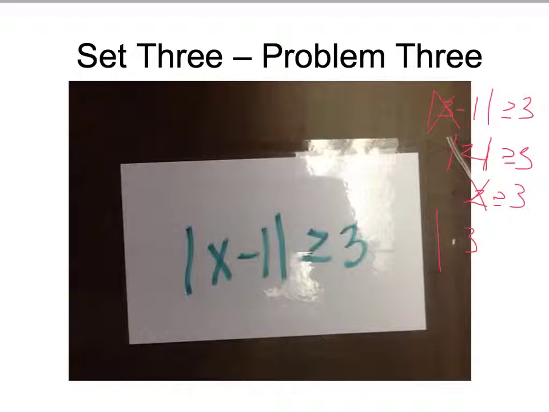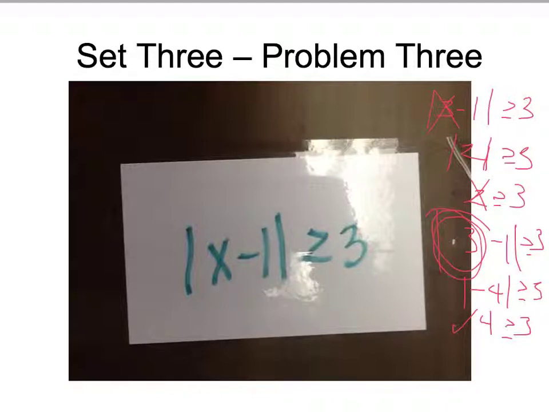3 is not one of my solutions. Is -3 minus 1 greater than or equal to 3? -3 minus 1 is -4. The absolute value of -4 is +4, and that is greater than or equal to 3. So then -3 is one of my solutions.